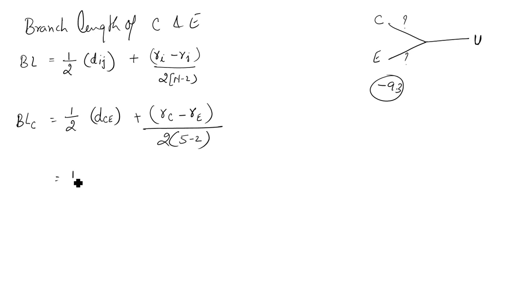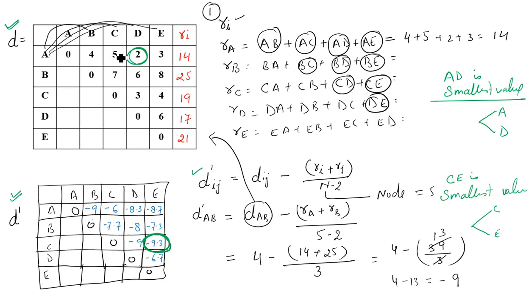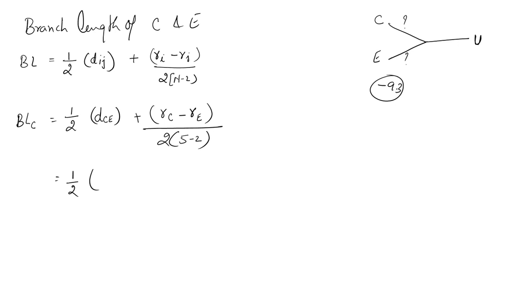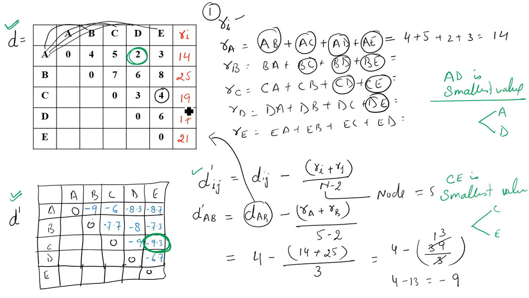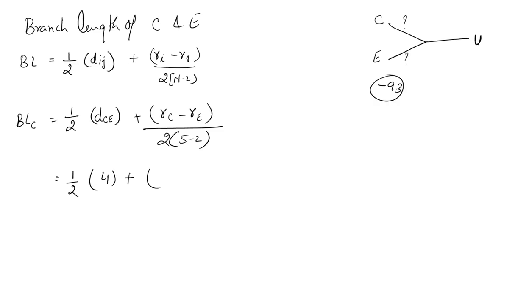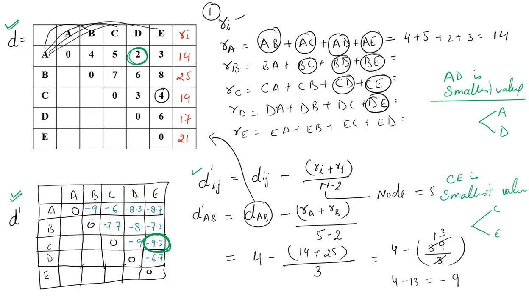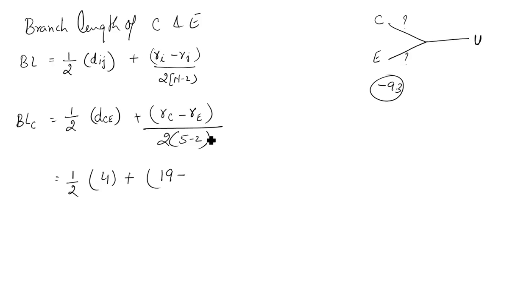So 1 by 2 of DCE. The CE value is 4, plus RC, which is 19, minus RE, which is 21, divided by 5 minus 2, that is 3.